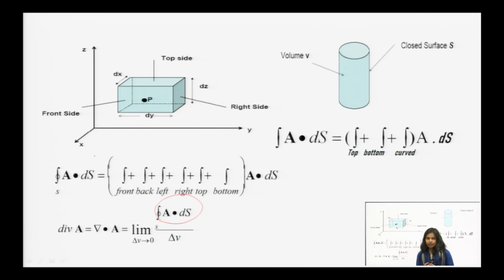Alternatively, in a simple way we can find the divergence of any vector A at point P simply by taking the dot product of A with del operator. Suppose the structure changes, as for example here we can see another kind of structure, this is the cylinder, and in a cylinder we know that there are mainly three surfaces, that is top surface, bottom surface and the curved surface.